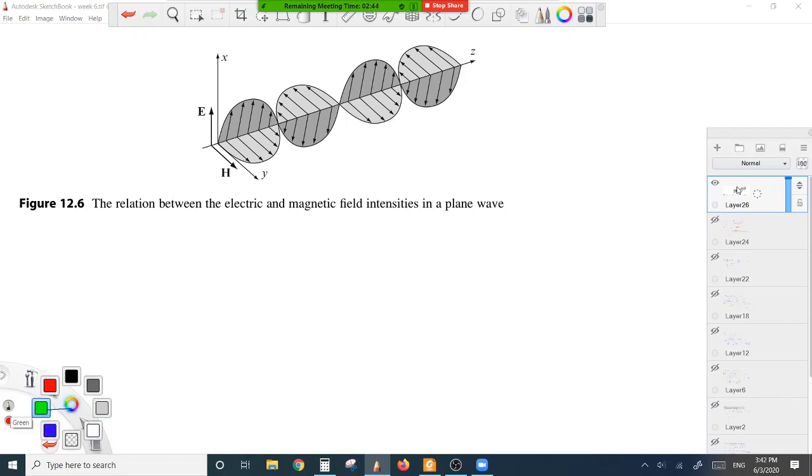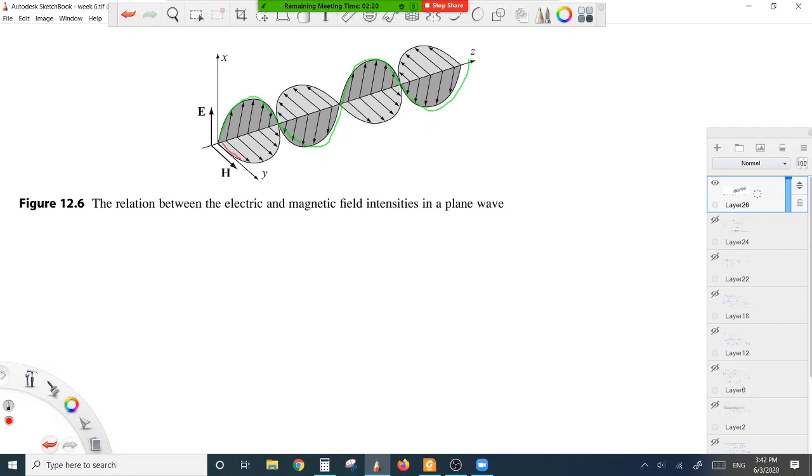This is the electric field intensity, which has a component along x and varies along z, or propagates along z.